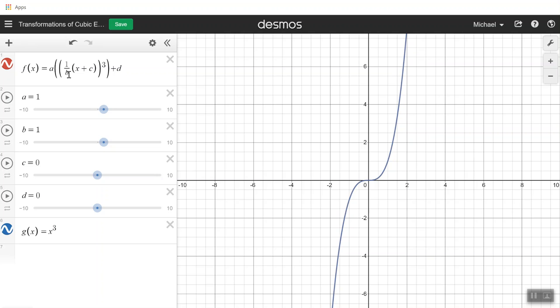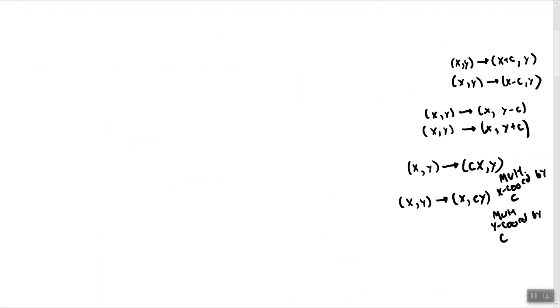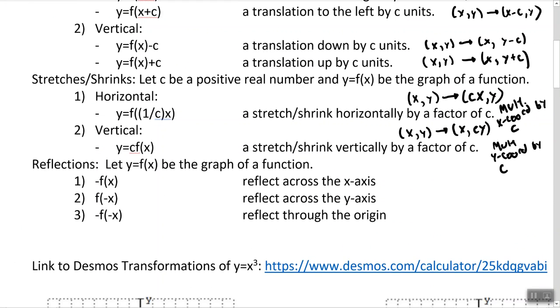And with b there, 1 divided by b, when b is big in the denominator, it's like I'm pulling my string to the left and to the right. And when b is small, so less than 1, it's like I'm pushing it in. So that's how we can think of our stretches.